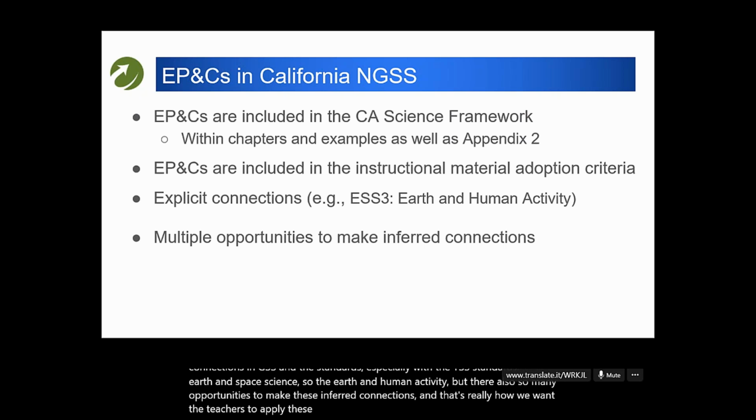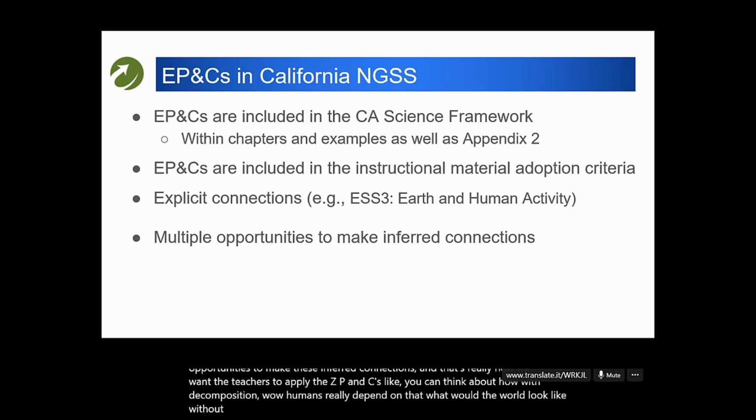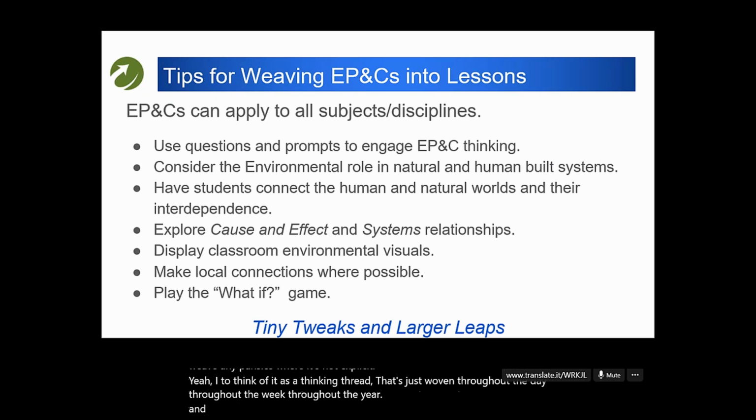Like you can think about how with decomposition, wow, humans really depend on that. What would the world look like without decomposers and scavengers? So there's so many places we could weave in EP&Cs where it's not explicit. Yeah, I like to think of it as a thinking thread that's just woven throughout the day, throughout the week, throughout the year. And Barbara, I think you have more tips for weaving EP&Cs into lessons.